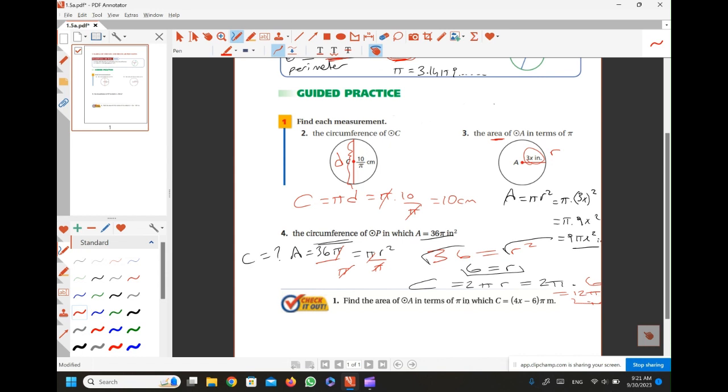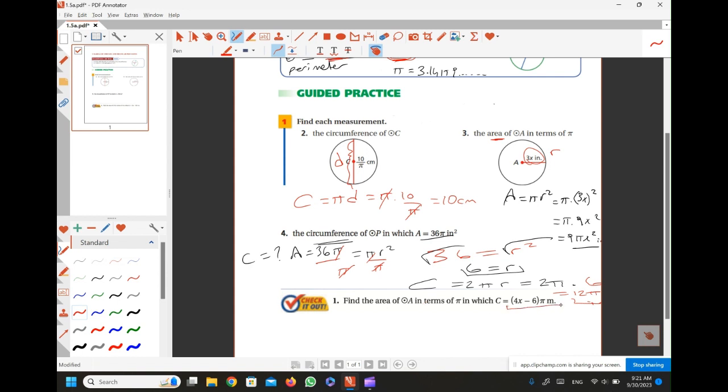And finally, the last question. Check it out. Find the area of circle A in terms of pi when circumference is given. So this is the opposite. In the previous question, we were given area and asked to find circumference. In this question, circumference is given. We're asked to find area. So similarly, use the given.